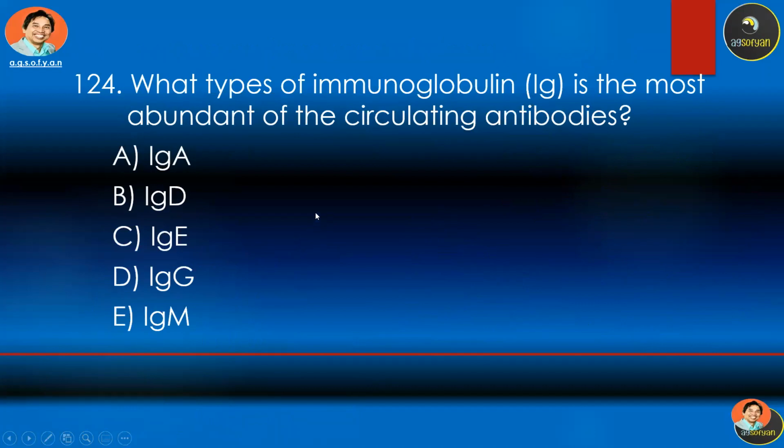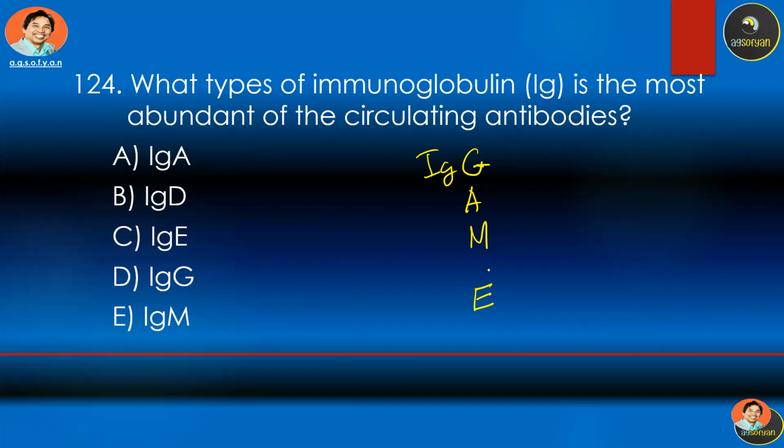What type of immunoglobulin or Ig is the most abundant of the circulating antibodies? Okay, so remember the sequence. Start with IgG. Just remember after G is A, and then M, and the last one is E. So it looks like game.